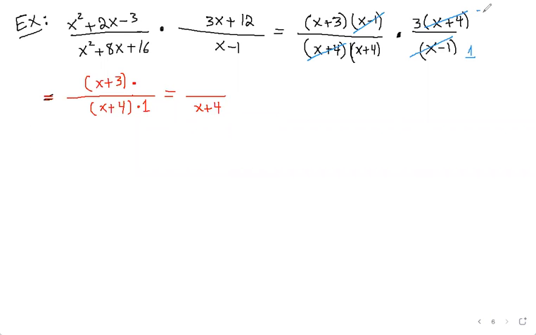Here it is 3 times 1, which gives me 3. Here down, it's 3 times x plus 3. And this gives me 3x plus 9 over x plus 4. Why? I distribute.